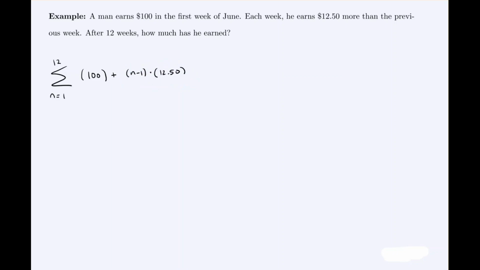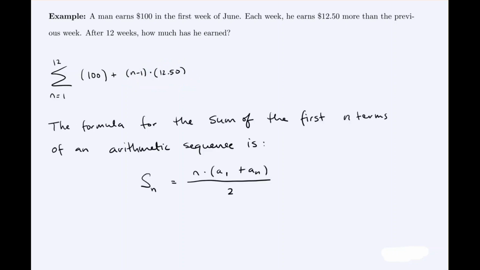So this problem is asking us to sum up the first 12 terms of an arithmetic sequence, and we know that is equal to n times the first term plus the last term that we're considering, all divided by 2. In this case, we're considering the first 12 weeks, so n is 12.